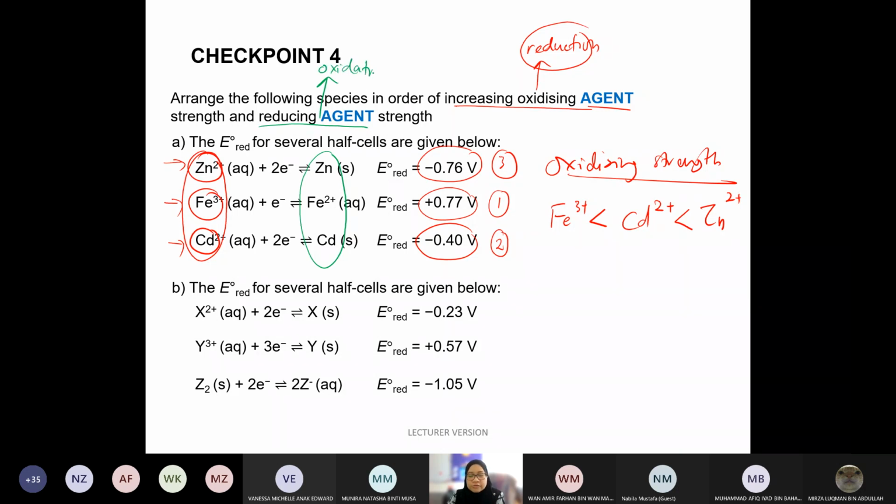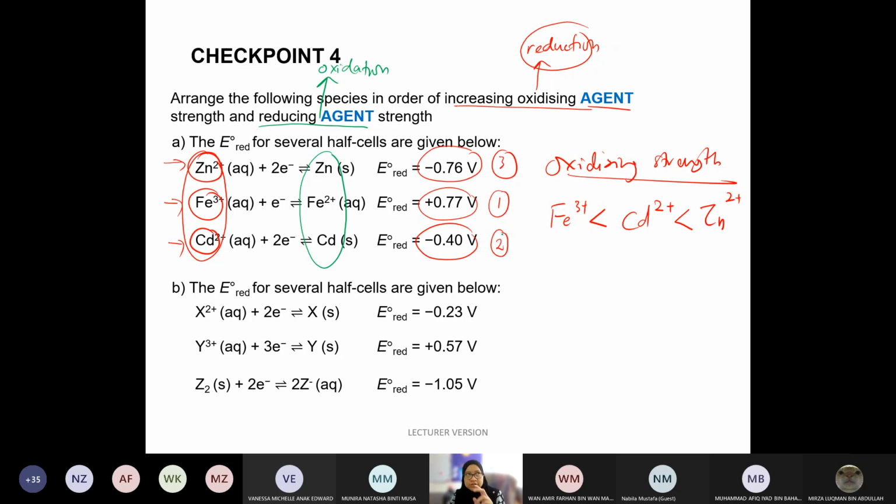Which of these three is the strongest reducing agent, or tends to undergo oxidation? We base it on the same values. It's just that for reduction it had to be more positive, right? Now for oxidation it has to be more negative. You just need to remember those two.